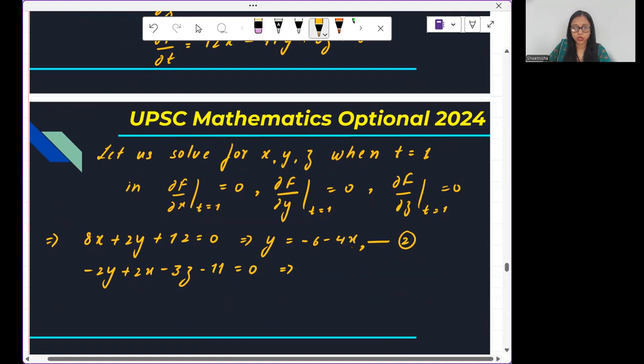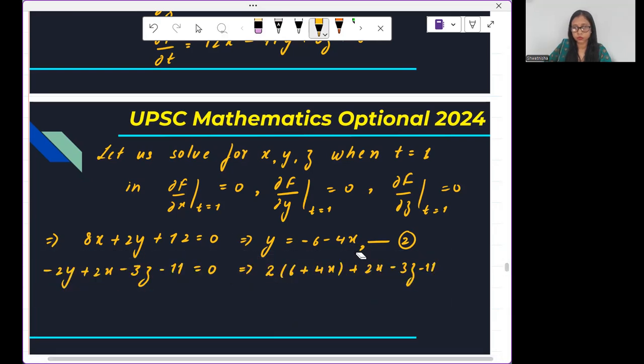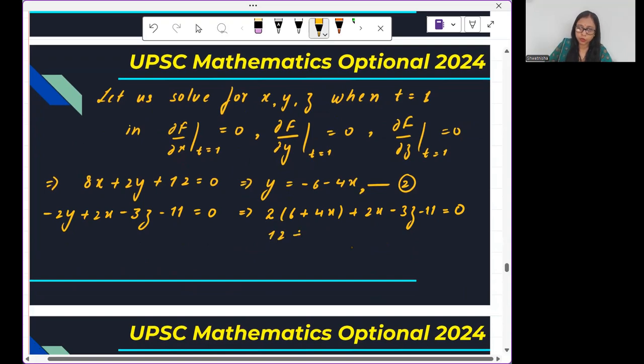So it implies 2 times 6 plus 4x plus 2x minus 3z minus 11 is equals to 0, which gives me 12 plus 8x plus 2x minus 3z minus 11 is equals to 0. So z comes out to be 10x plus 1 upon 3. Right?